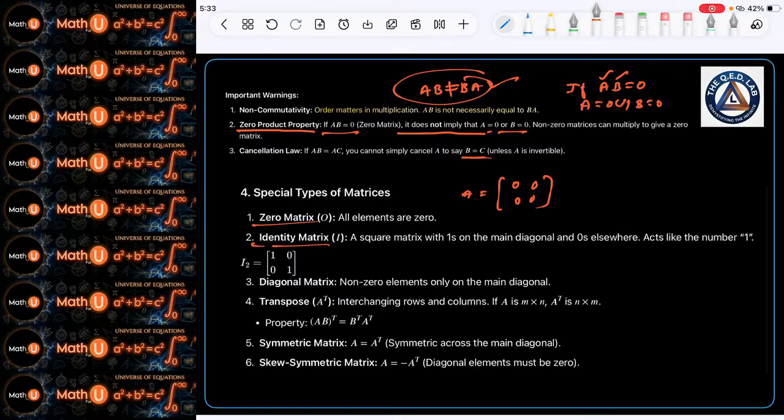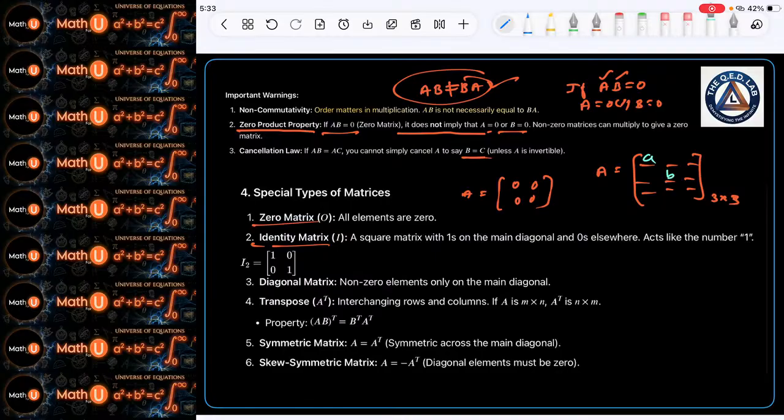What is an identity matrix? For example, if you consider a 3 by 3 matrix, see, these are the diagonal positions. In a diagonal matrix, all the diagonals may be any real number.